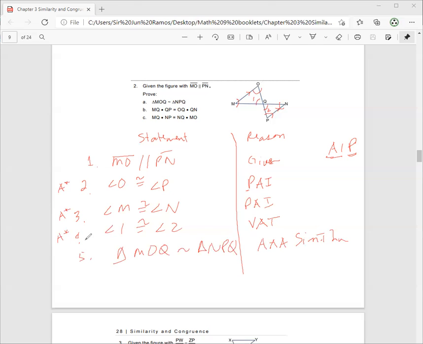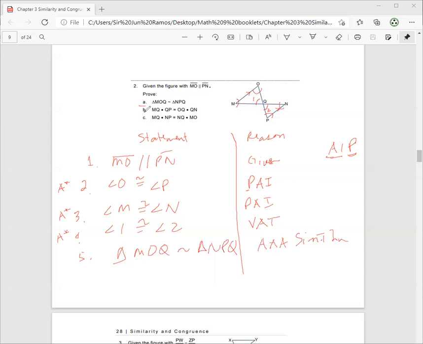If I did not have number 4, and I only had two angles shown, then I could have just said AA corollary. But I went ahead and identified the third congruent pair. So this one has been proven.